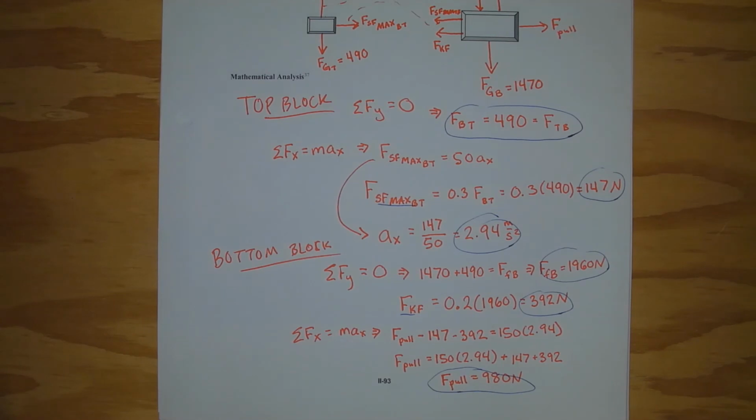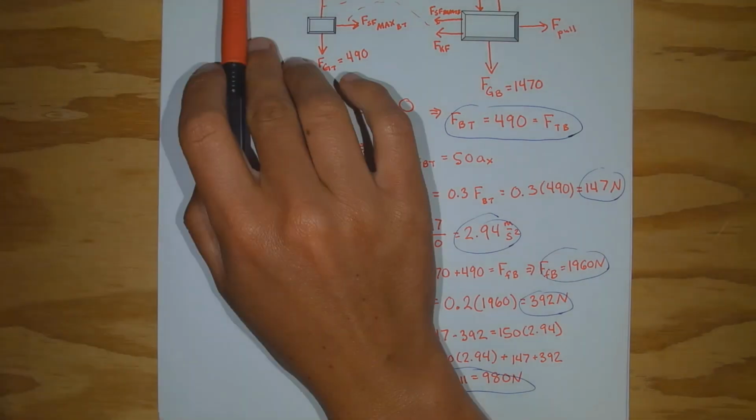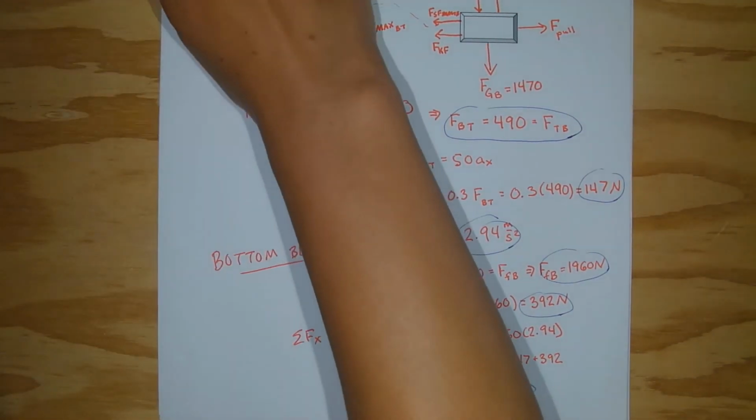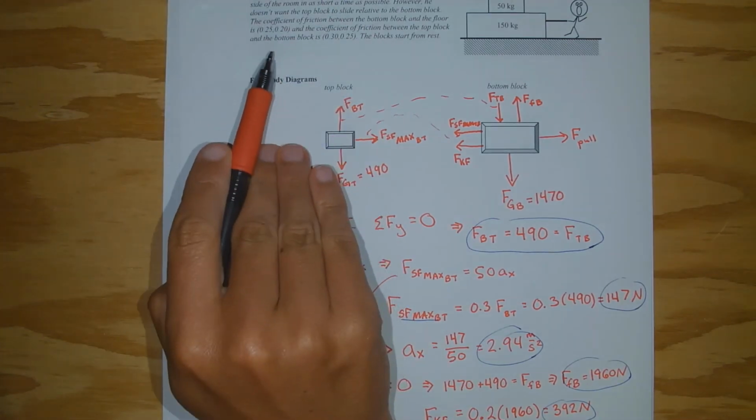So the last thing that you could do here is check to make sure that the blocks are actually going to move when you pull on them with a force of 980 newtons. So you could use the maximum value for the force of static friction between the floor and the bottom block, which comes from using the 0.25 that they give you here.